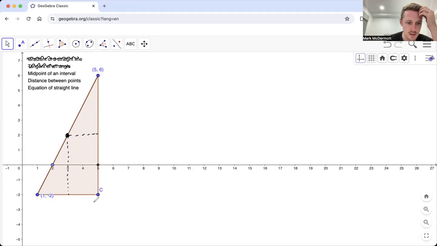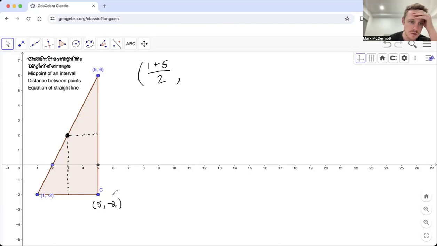Let's just work out what this point on our triangle would be. This would be at 5, -2. Basically we just have to find the halfway point between 1 and 5. So 1 plus 5 on 2.